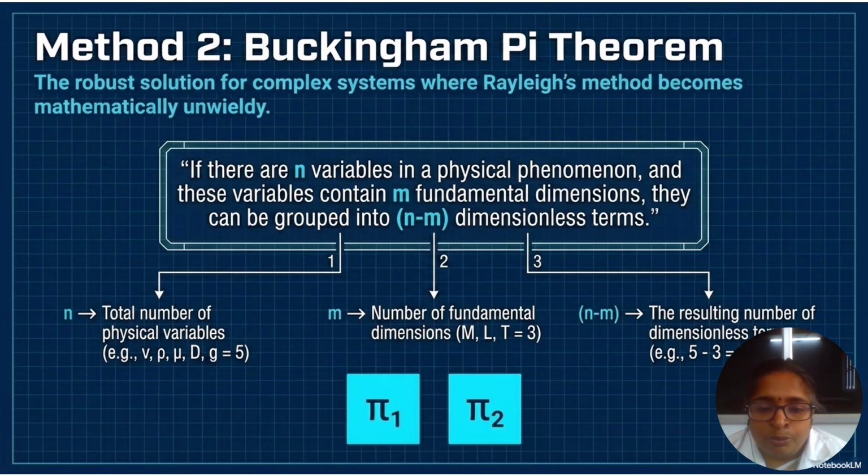So we will get two pi terms, pi 1 and pi 2. This is the method for solving Buckingham's pi theorem problems. For complex systems we can use Buckingham's pi theorem, and for simple systems with few variables we can go with Rayleigh's method.